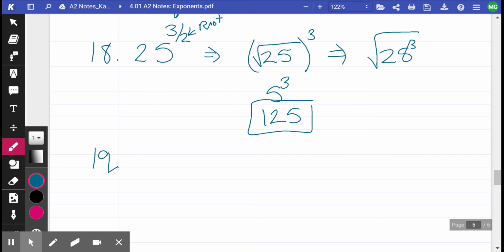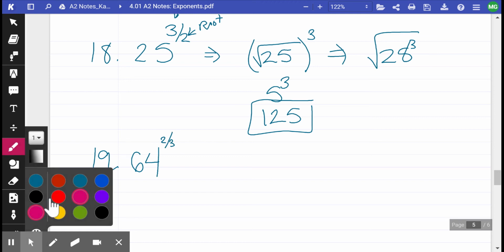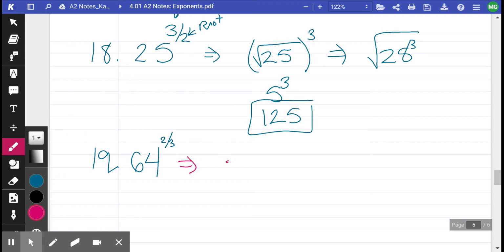Okay, so now try this one, 64 to the 2/3 power. Pause the video and try that on your own. Okay, so you should have had the cube root of 64 and then raise that to the 2nd power.